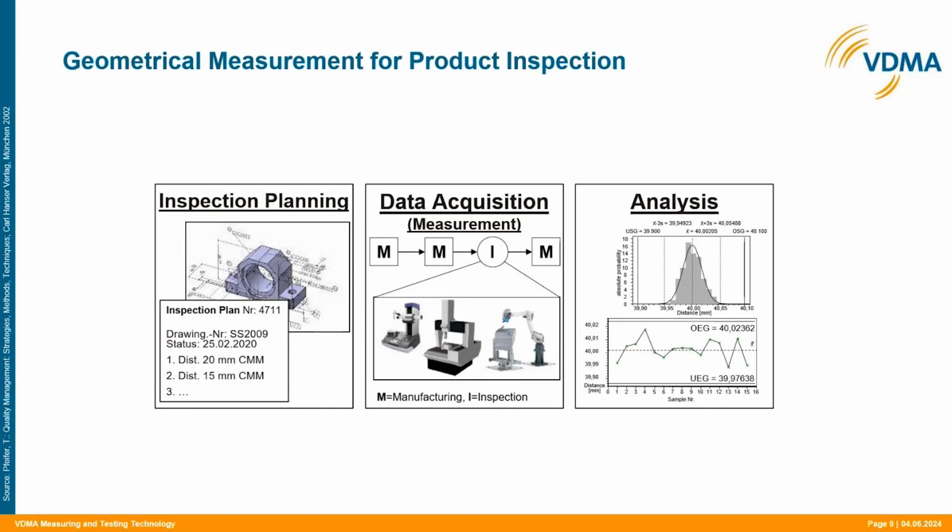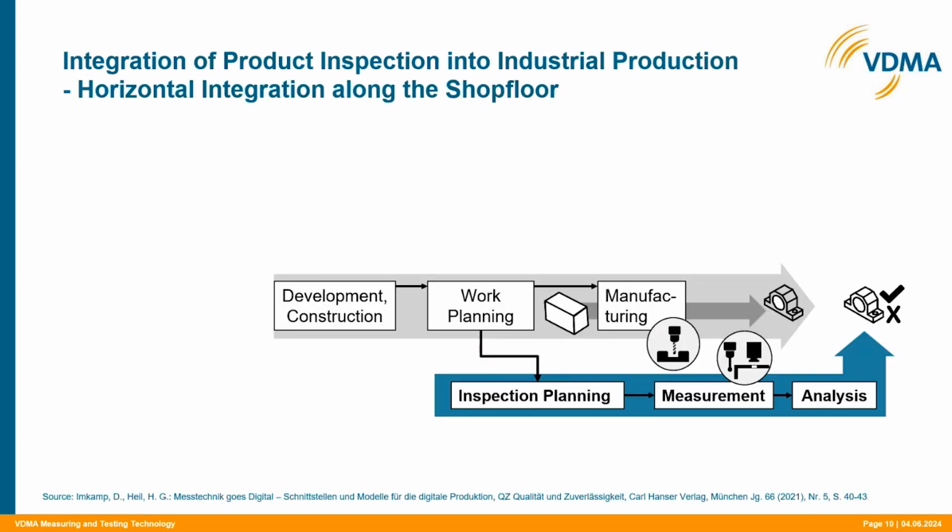So how does this fit into a broader scope in the shop floor? You usually start with developing some kind of workpiece, and then after the development and construction phase, you start with the work planning, where you say, my machine tool has to produce these parts from this kind of metal box.